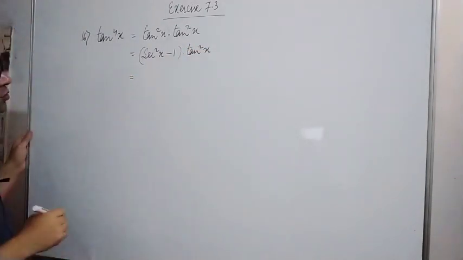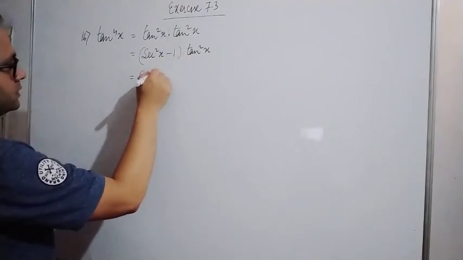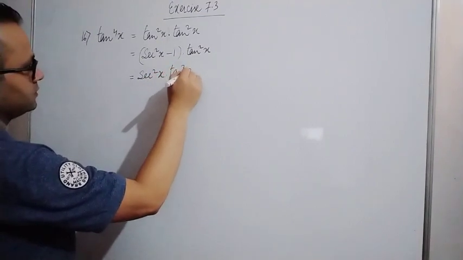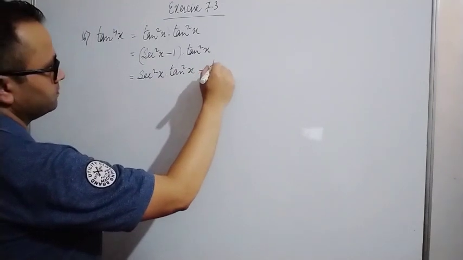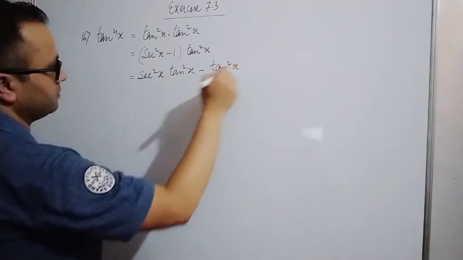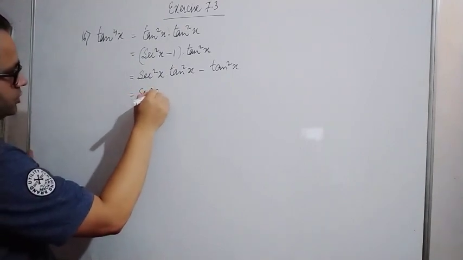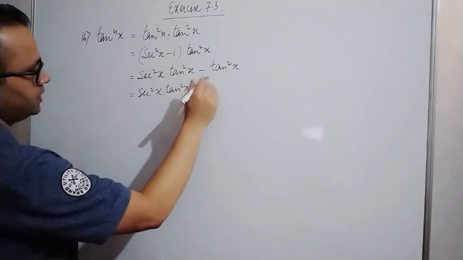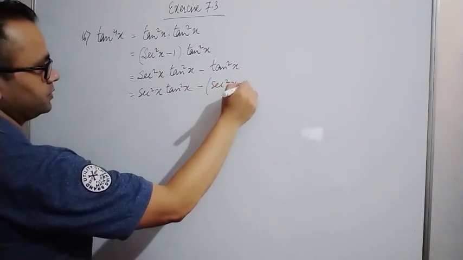Now this equals, multiply sec square x into tan square x minus tan square x after multiplying. So this equals sec square x into tan square x minus, now again we have to put the formula, it is sec square x minus 1.